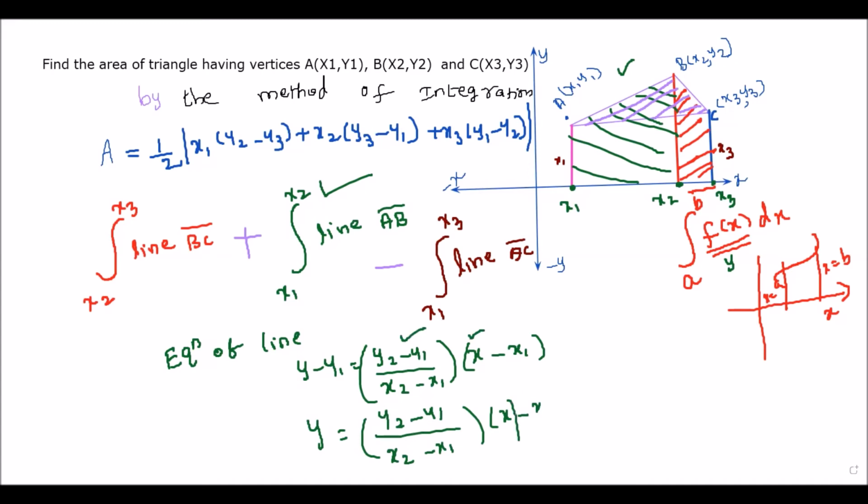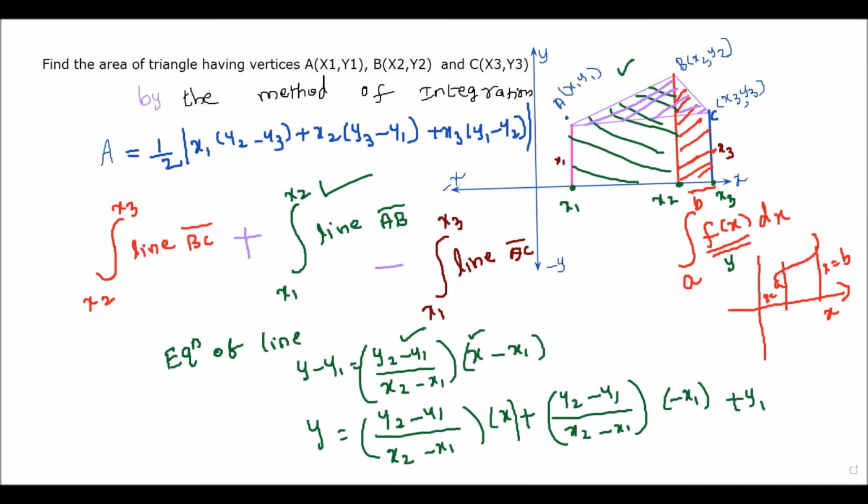Now my second term will be the whole thing into x1. In between there is a minus symbol, so I can write plus, and afterwards also I can use the minus with x1. So the second term is y2 minus y1 divided by x2 minus x1 of minus x1. And I am bringing this y1 to this side as plus y1.